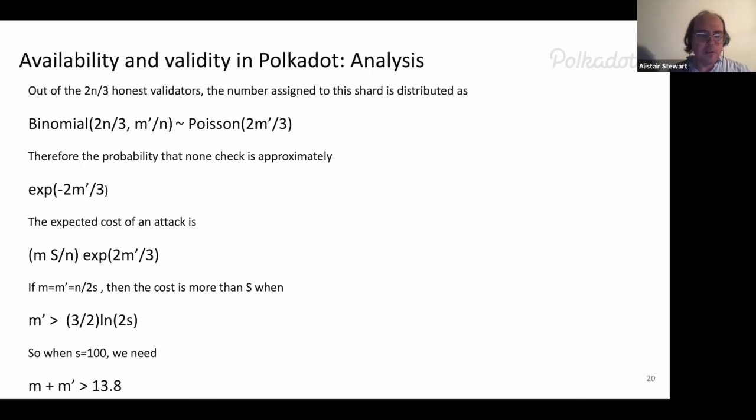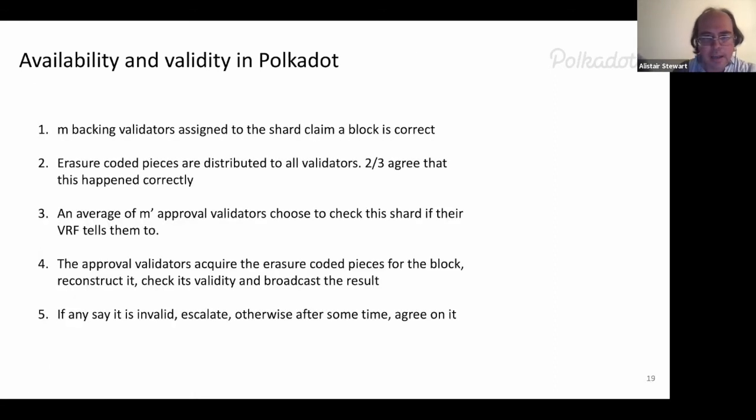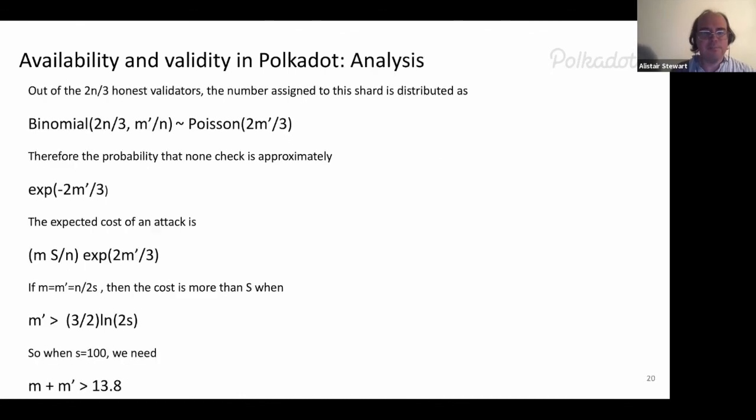And this is where I was going with all these numbers. So now, what's the probability? We have these M prime, I called them, secondary checkers. Out of the 2n/3 honest validators, we assign M prime on average.